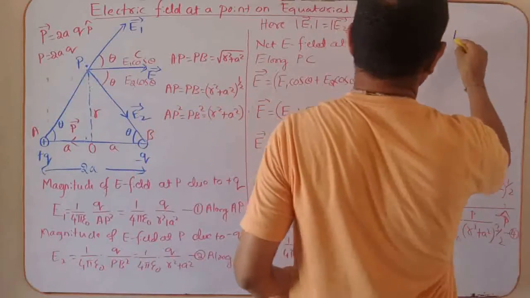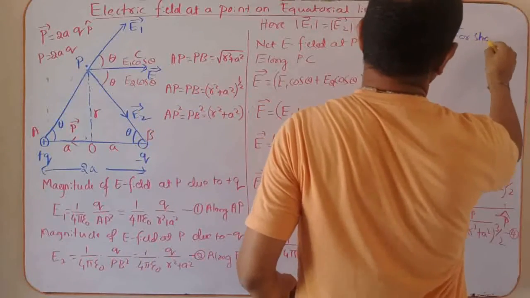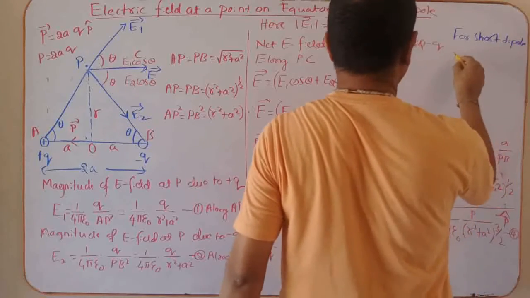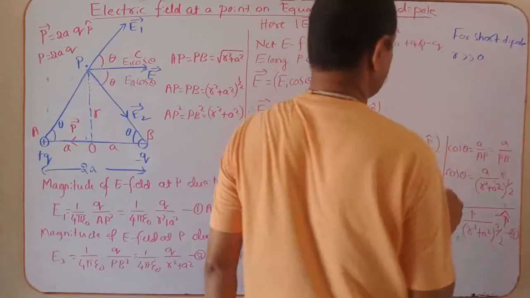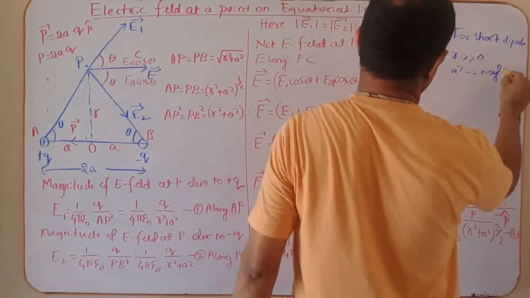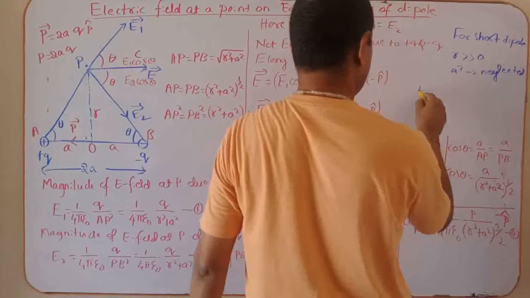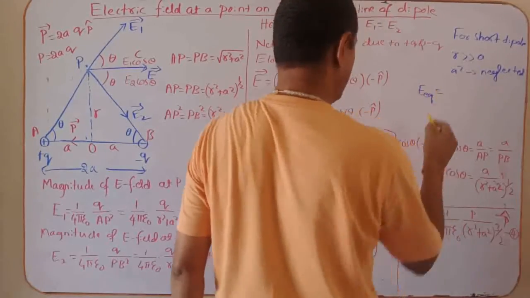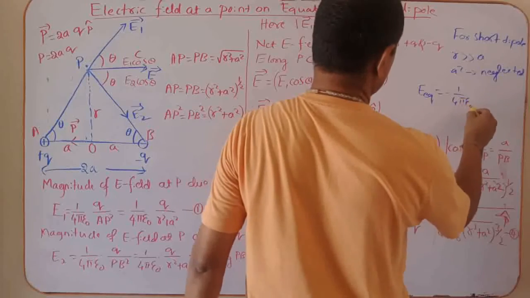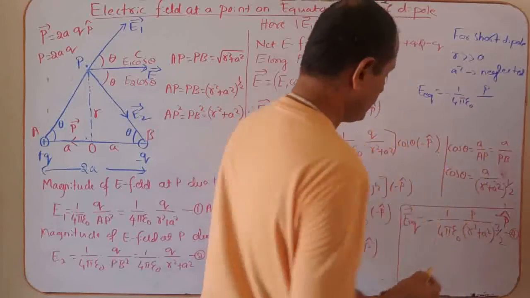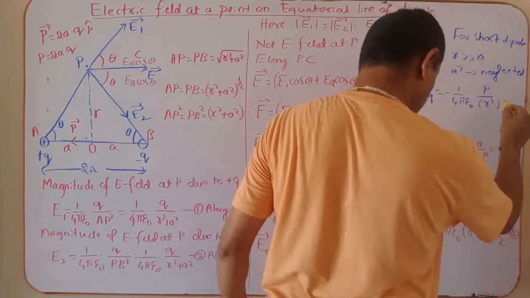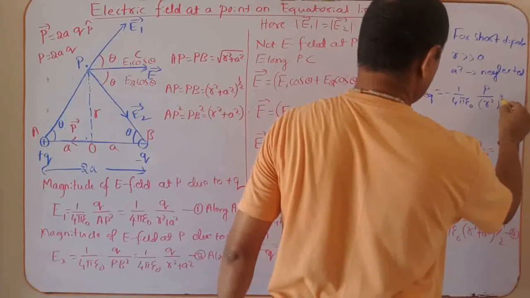Yes, for a short dipole, R is very much greater than A. Now A square is neglected. At that time, E equatorial is equal to minus 1 by 4 pi epsilon naught P divided by R square, with A square neglected, to the power 3 by 2.